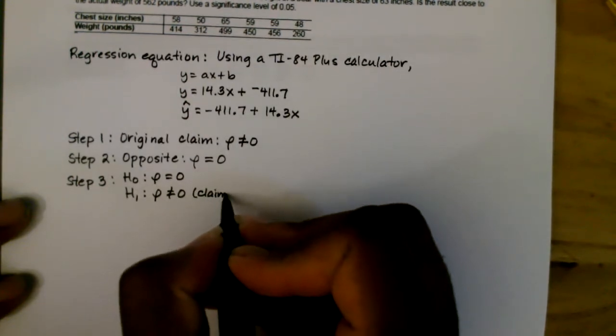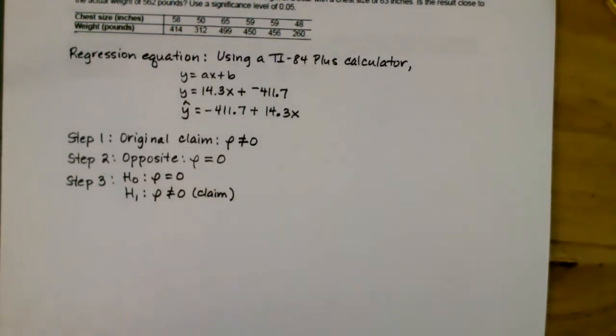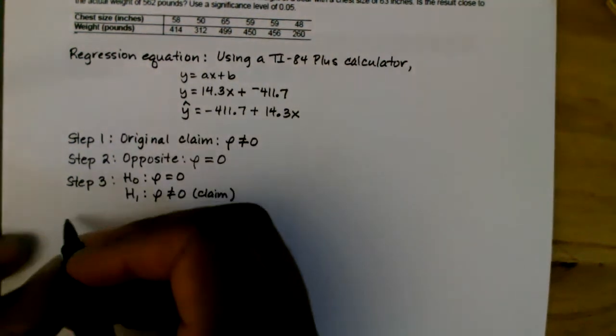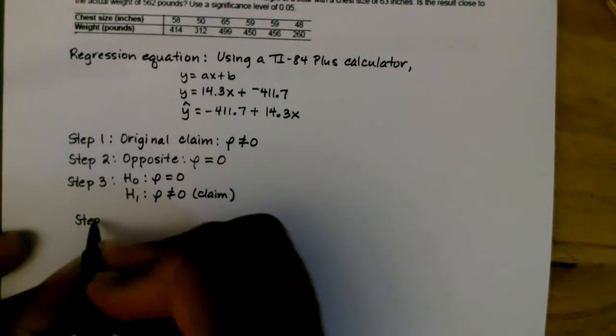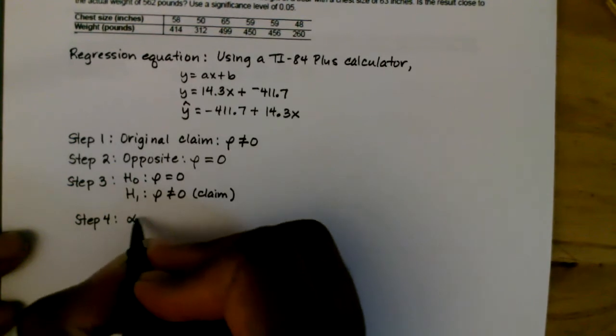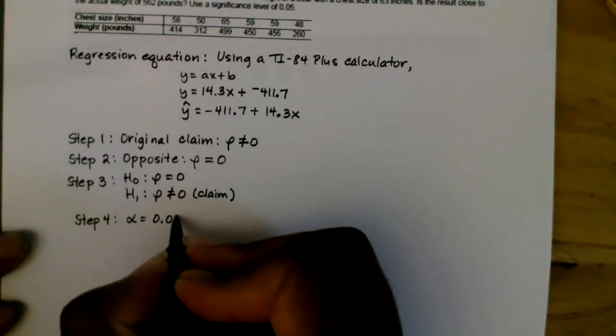The null always has the equal sign. The alternative does not. Then you're told to use a significance level of 0.05, so in step number 4, alpha is equal to 0.05.